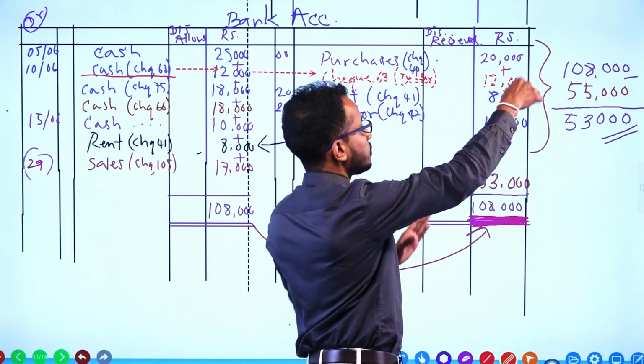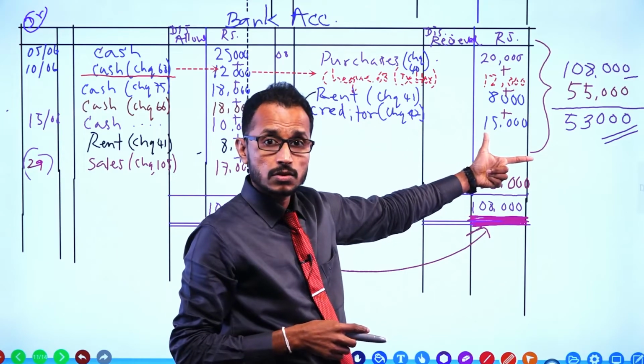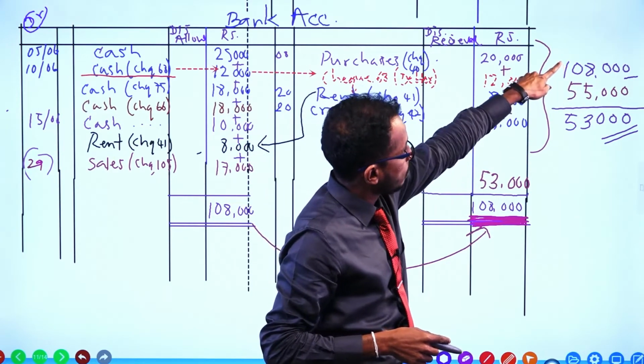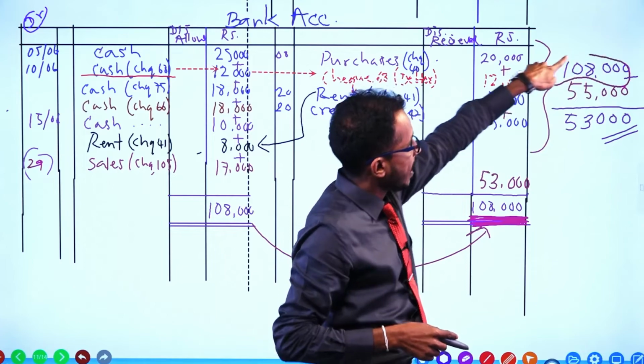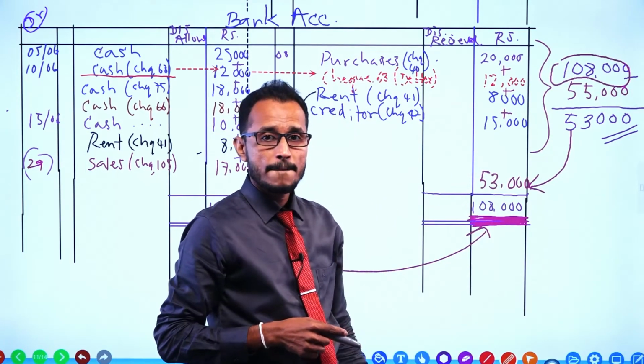You subtract the credit side column total from the debit side column total 108 and take the difference. That difference you record as the balance.